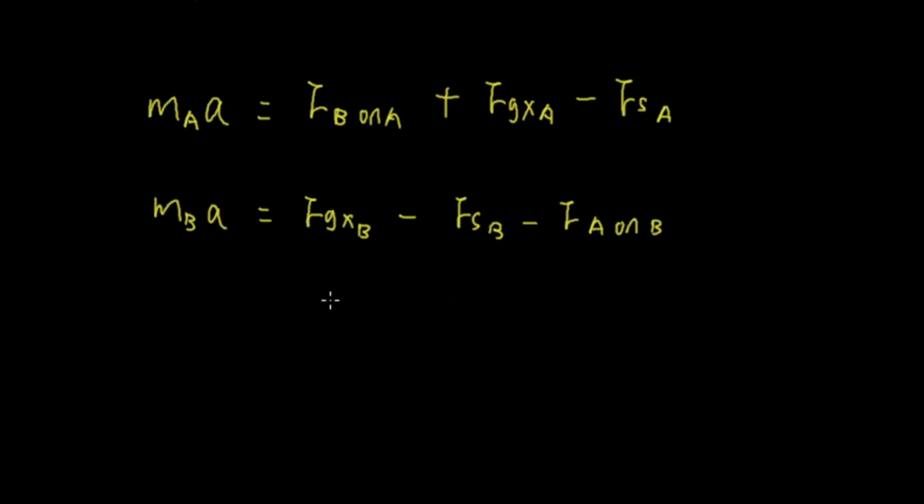So in this case, I can say that the force of B on A is the same as the force of A on B. Okay, if that's the case, what can I do? I can just isolate one of these forces, and then substitute into the other equation. I have a system of equations, right? Okay. Now, let's do this.